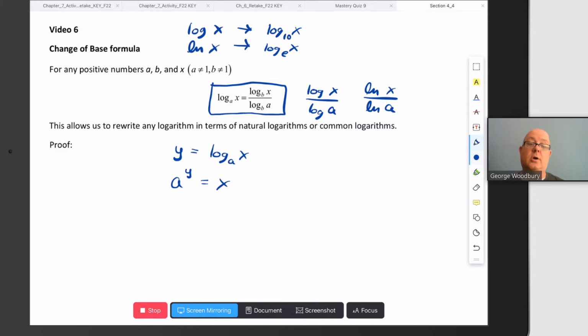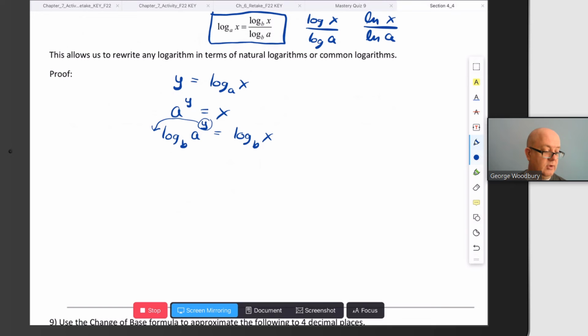Now we can take the logarithm base b of both sides. Log base b of a to the y power equals log base b of x. Whatever we do on the left side, we do on the right side. Now we've got that power rule for exponents that allows us to move this y out of the exponent, and that gives us y times log base b of a equals log base b of x.